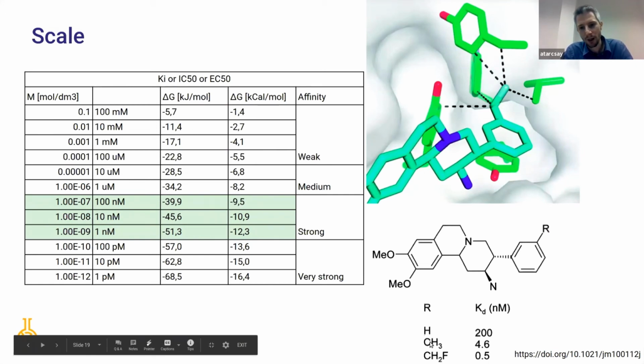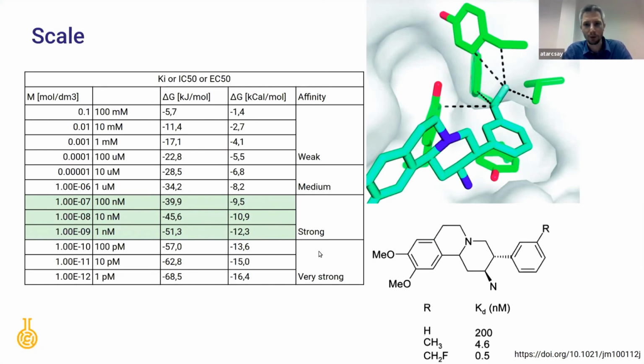But if you change the hydrogen to methyl, a tiny change on this complex structure, the affinity will increase significantly, approximately 2 orders of magnitude. And if you change one of the hydrogens to fluorine, it will be 0.3 nanomolar. So from 200, we go below 1 nanomolar.